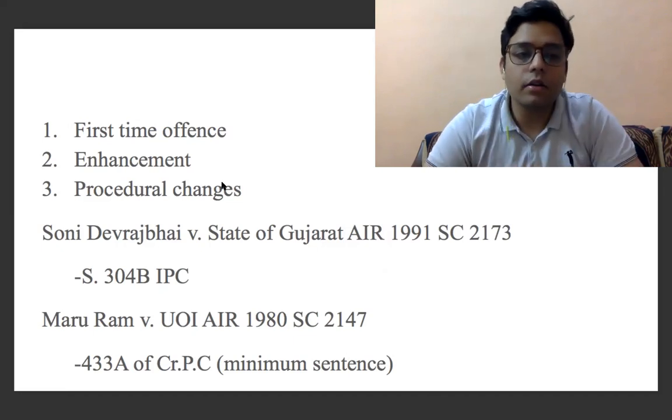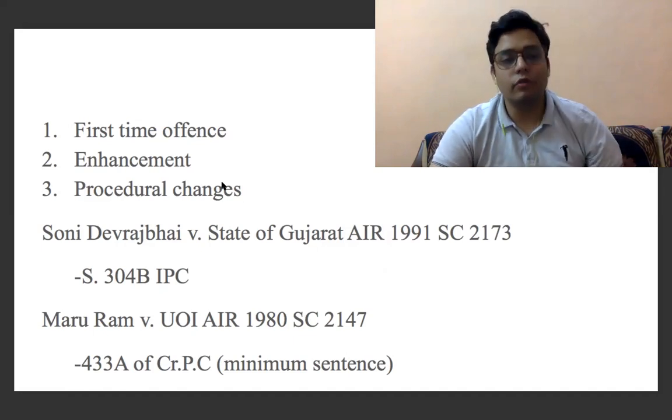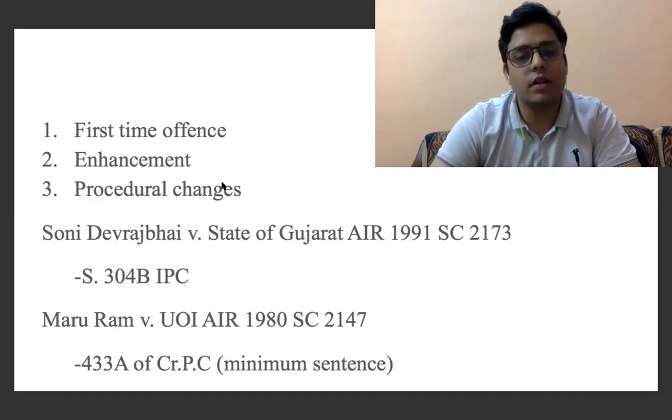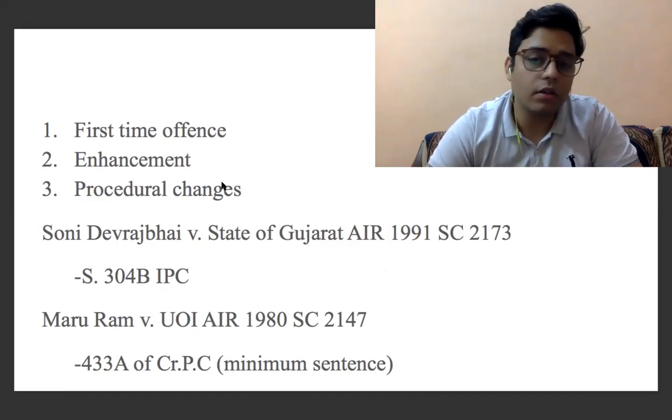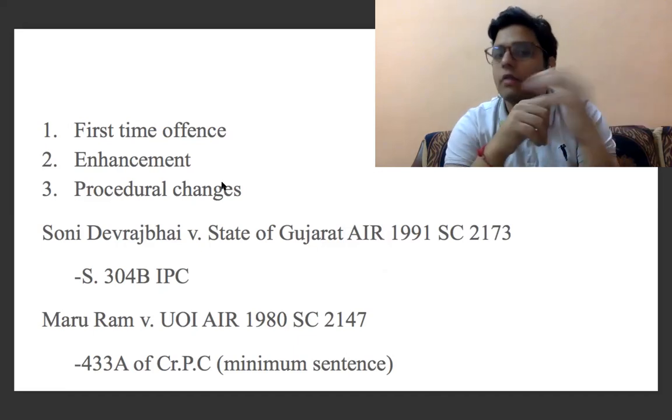Okay. So the first important case under sub-article 1 is Soni Devrajbhai versus State of Gujarat. This is a case of 1991. This case dealt with the first point, first time offense.